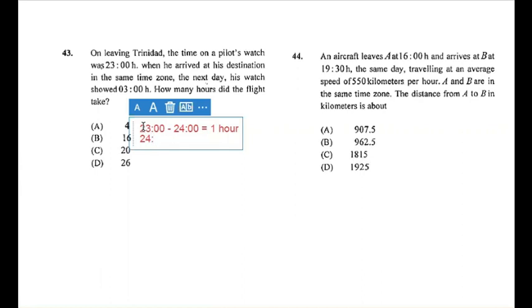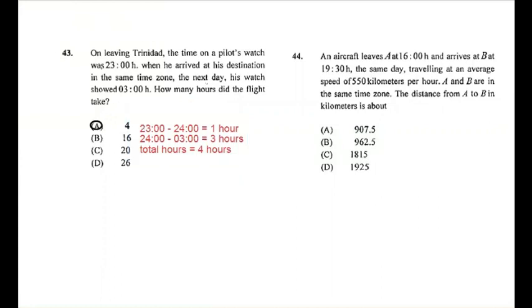And 12 o'clock to 3 o'clock is 3 hours. So our total hours is equal to 3 plus 1, 4 hours, and that is our answer. Our answer is A. So we're going along nicely.